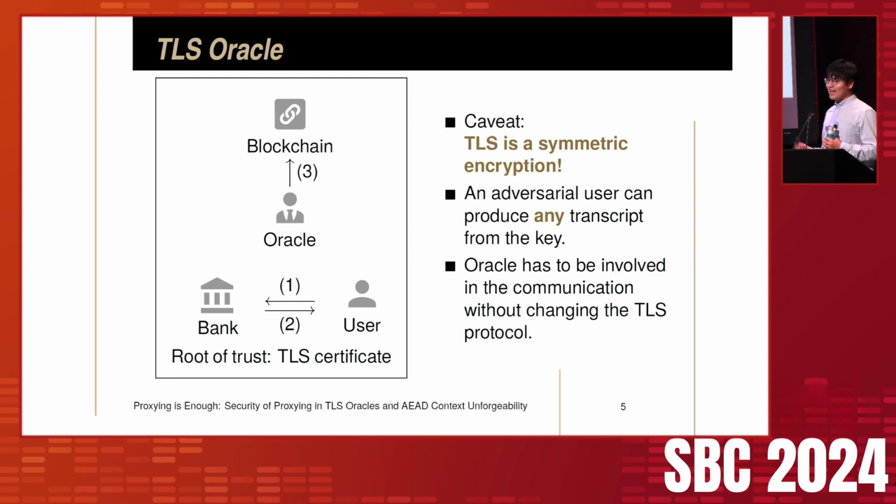The other caveat here is that you might be thinking, what if the bank could sign my credit score? Then it would provide a non-forgeable proof that my credit score is indeed my credit score. However, if you think of your e-banking experience, you post to the bank maybe some HTTPS request, and the bank gives you maybe a JSON response.